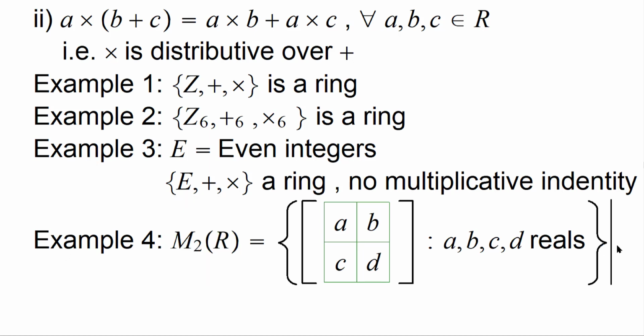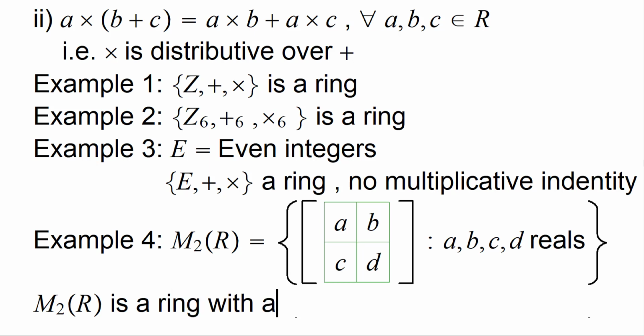So M2(R) is a ring with addition and multiplication of matrices.